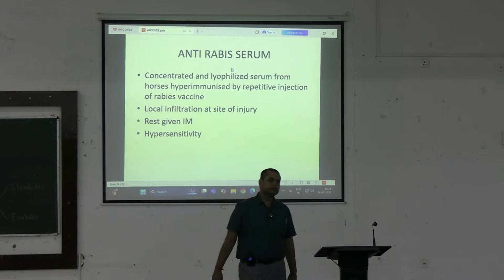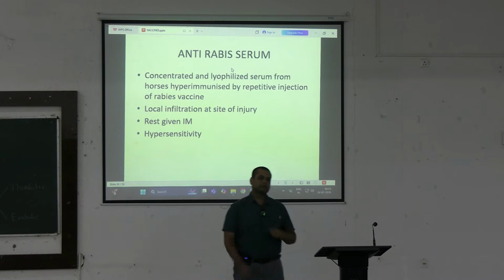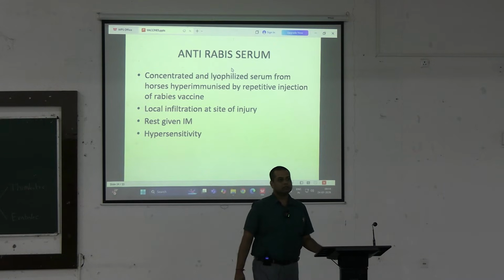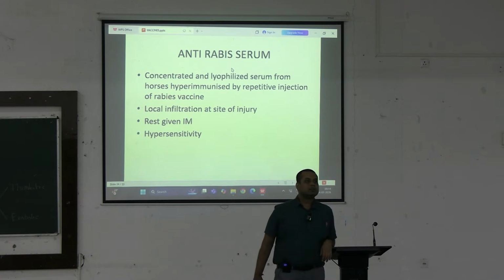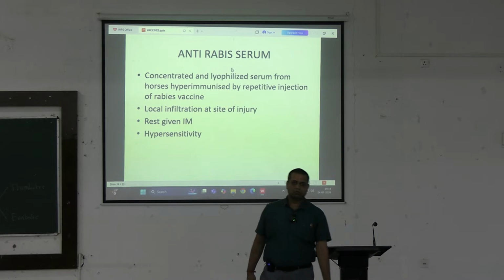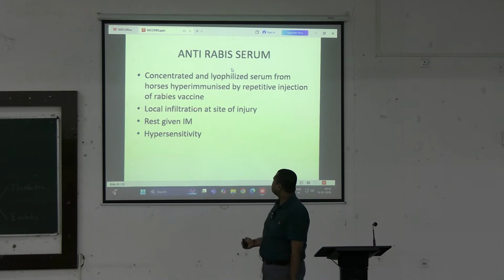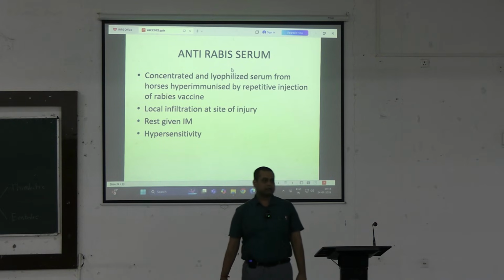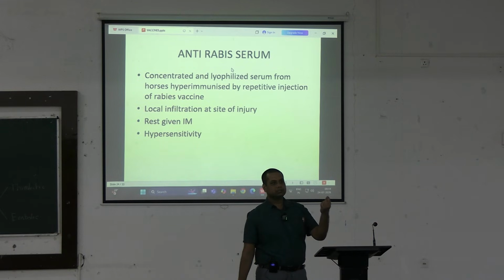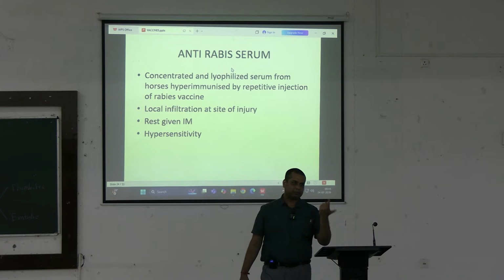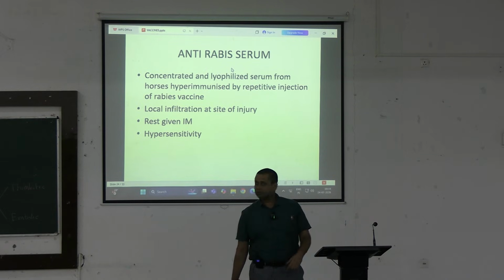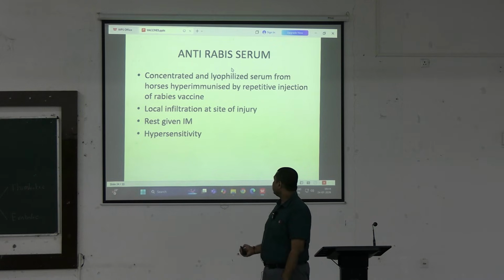Anti-rabies serum. What is anti-rabies serum? Rabies immunoglobulin. It is concentrated and lyophilized serum from horses hyperimmunized by repetitive injection of rabies vaccine, producing antibody against rabies. Where is it given?